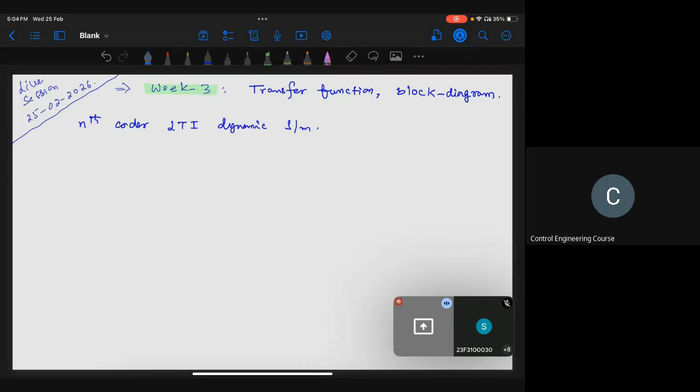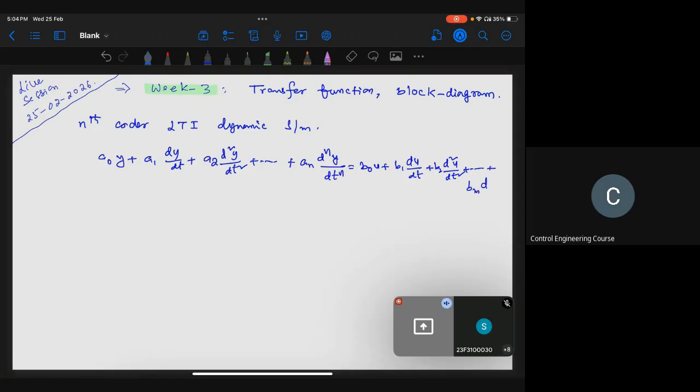It looks like a0 y plus a1 dy/dt plus a2 d²y/dt² plus etc. plus an dⁿy/dtⁿ equal to b0 u plus b1 du/dt plus b2 d²u/dt² plus etc. up to bm dᵐu/dtᵐ.